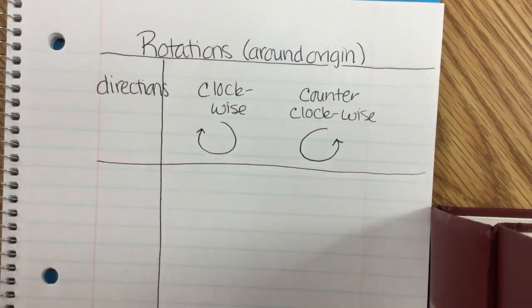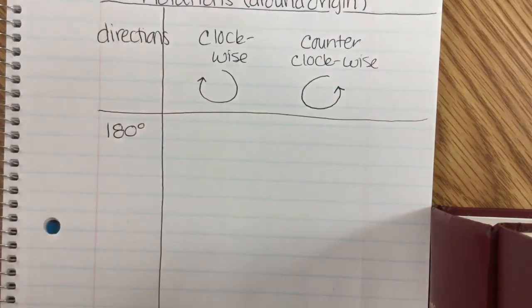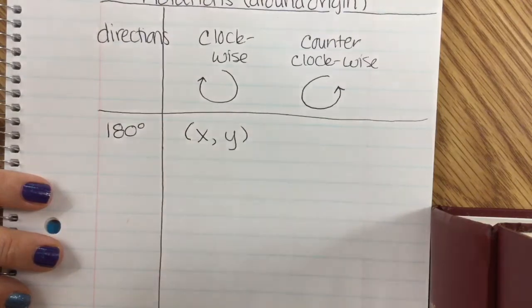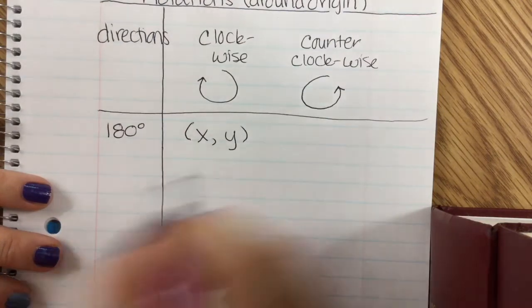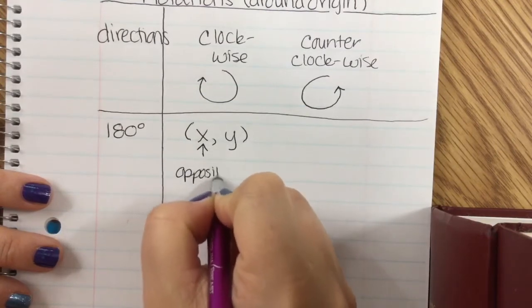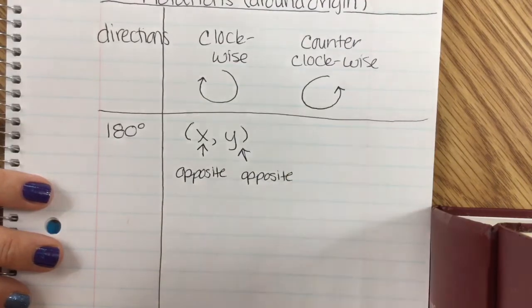Okay, so we're going to start with the easiest one. The easiest one is the 180-degree rotation, because that doesn't go clockwise or counterclockwise, since it doesn't matter. It'd be the same thing. For this one, all you have to do is take your original point, (x, y), and change x to the opposite and change y to the opposite. That's it.